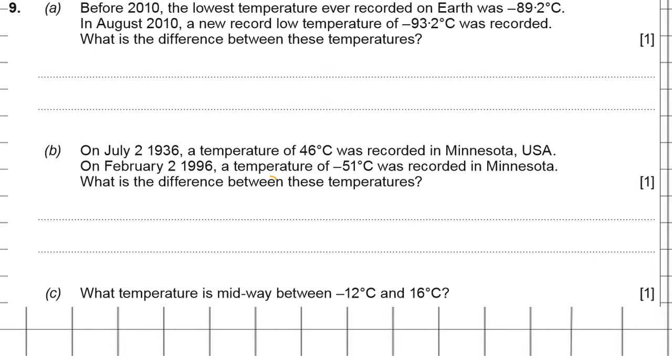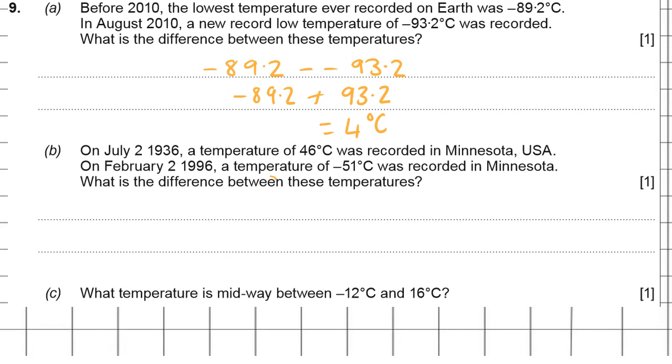It's the old temperature, take away the new temperature. Take a minus and a minus makes a plus. So in your calculator, minus 89.2 plus 93.2 gives us 4 degrees.